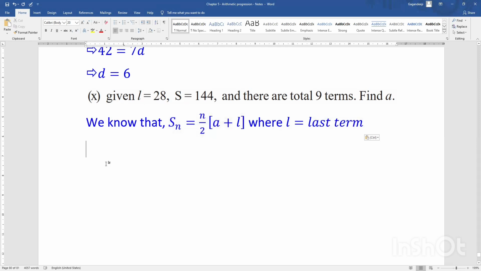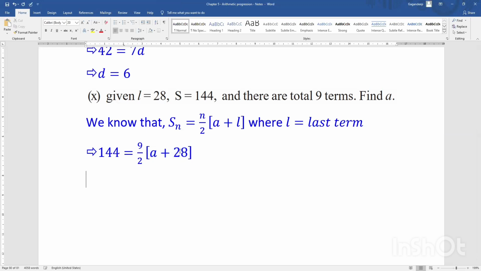That's why. So again, I consider the same formula here. Replace Sn with 144. 144 equals 9 by 2 into a plus 28.